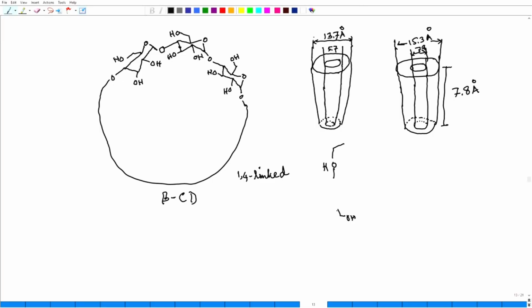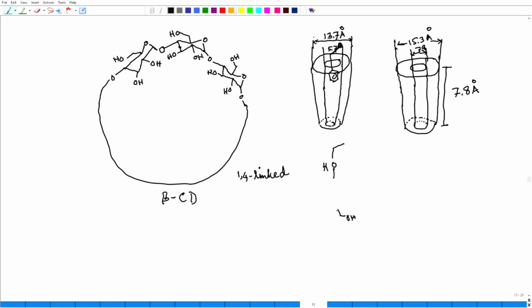What kind of job? This inside is hydrophobic in nature. So, if you take a molecule, or my substrate, suppose I want to specifically cut a bond, then what will happen? I can put that compound together, stir it, that molecule will go inside. For example, say aromatic. So, aromatic goes here and the other part is outside.